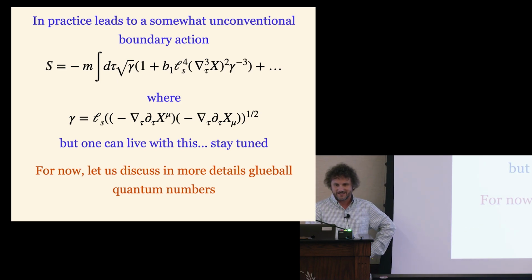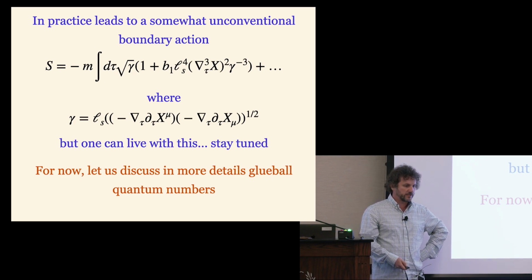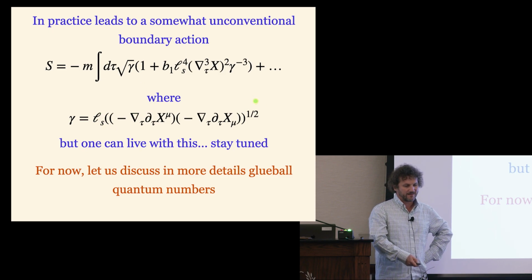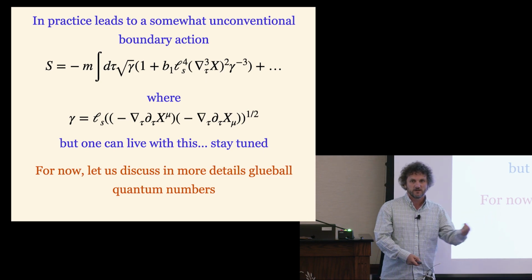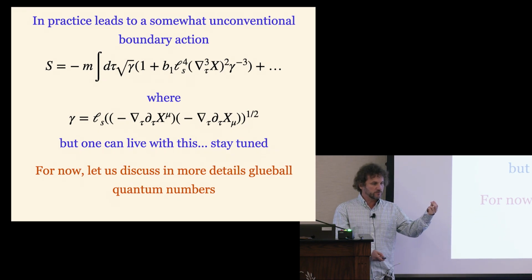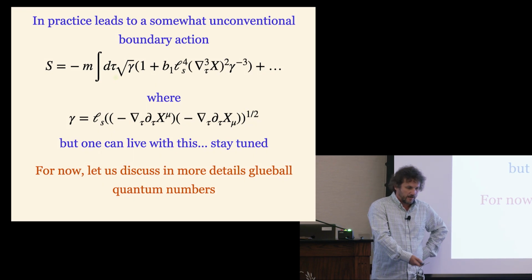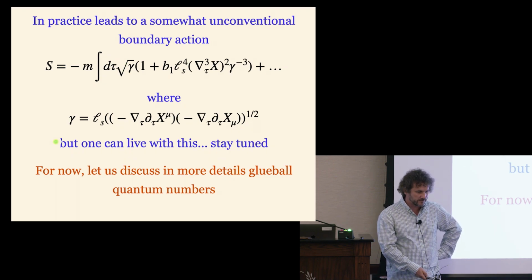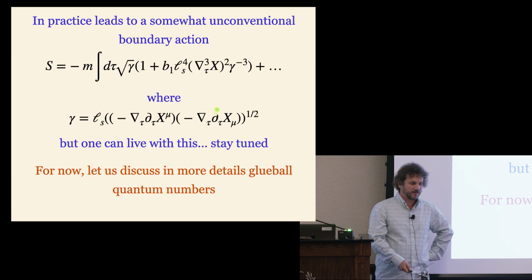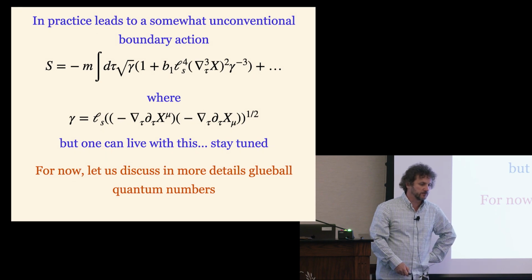So in practice, this leads to a somewhat unconventional boundary action. Essentially, one writes local operators, but one treats the system as a perturbation around Neumann boundary condition. But for Neumann boundary condition, the induced metric on the boundary, which would not normally be put in this expression, becomes singular. So instead, one uses a metric-like object which involves second derivatives of the target space coordinates.